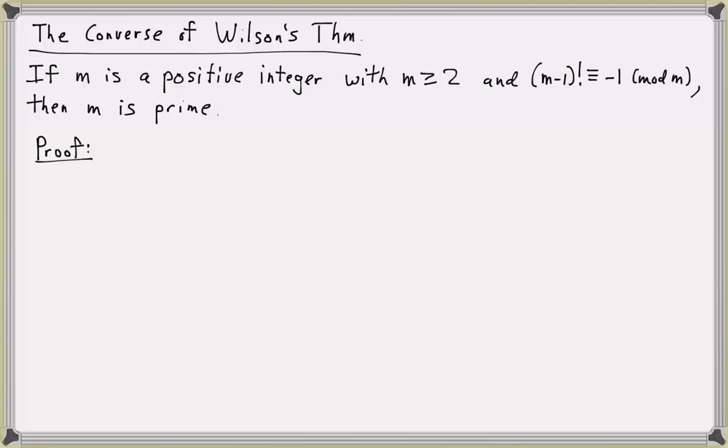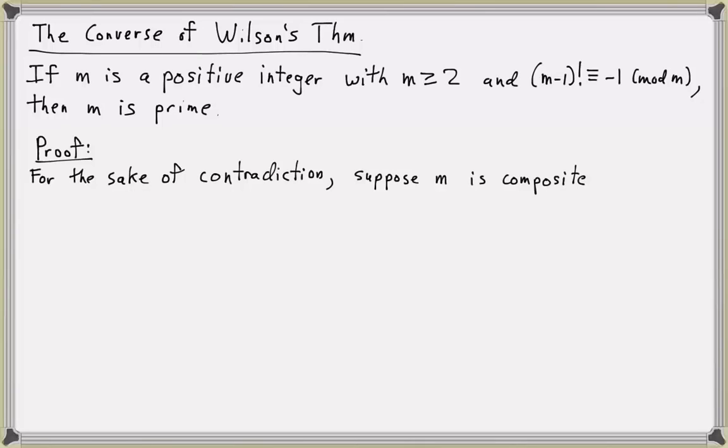So we proceed by contradiction. So for the sake of contradiction, suppose m is composite. Well, then we can write m as a product of integers.